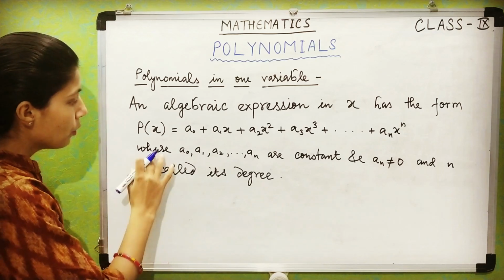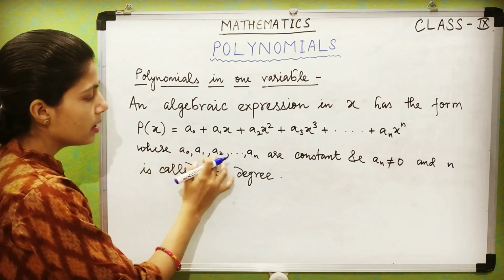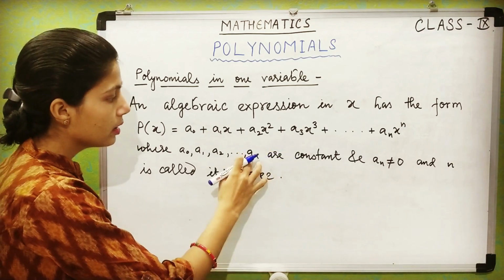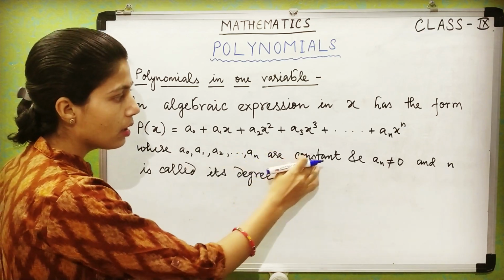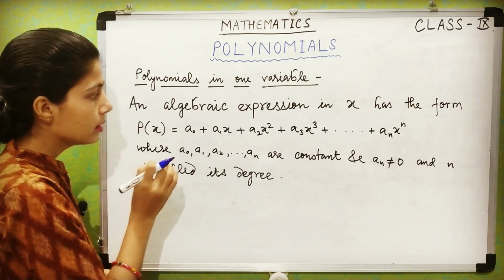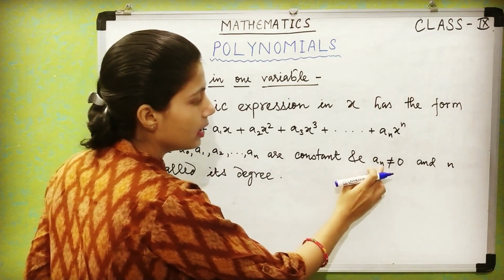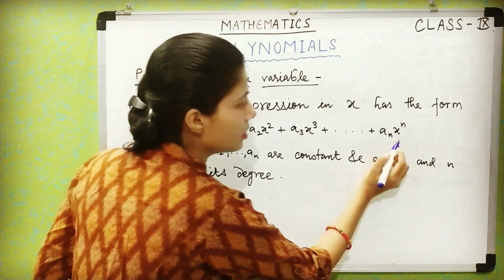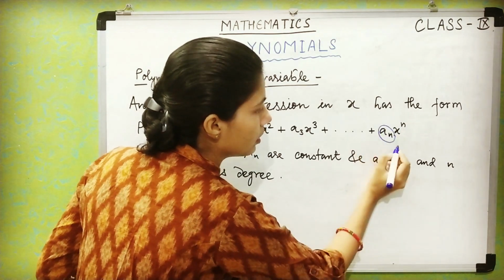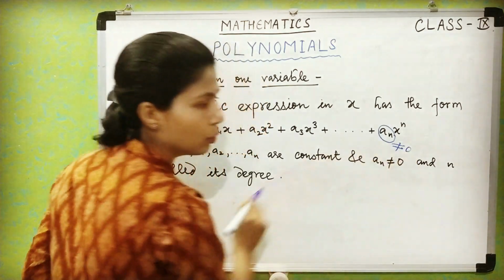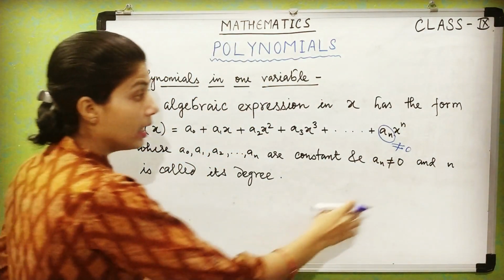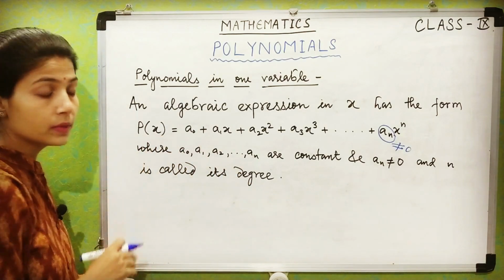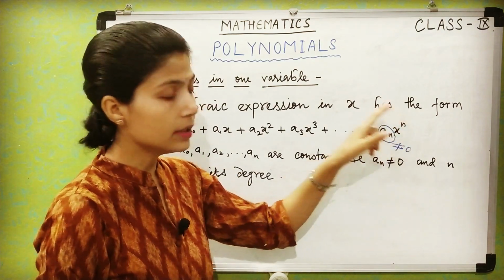Okay, where a0, a1, a2, a3, a4, a5, a6 till an, these all are what? Constants. Okay, and an should not be 0, and n is called its degree. N is here what? Degree.